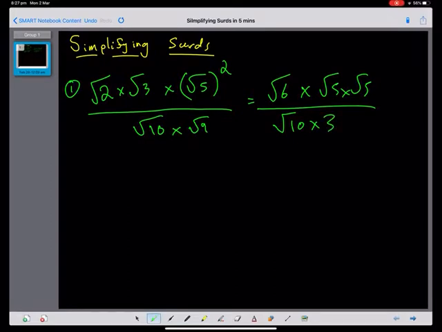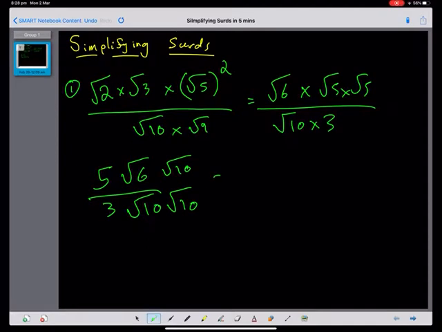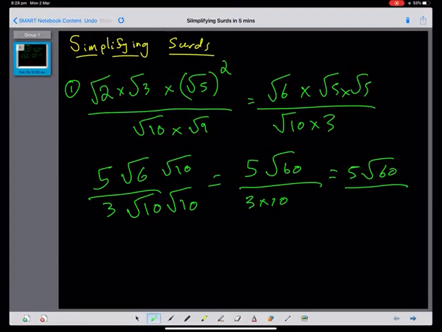Well, I hope you can recognize that the root of the same number multiplied twice is just the number underneath. So this is root 5 times 3 root 10. And if you don't know how to rationalize, you can leave it like that. But if we multiply top and bottom by root 10, we get 5 root 60 all over 3 times 10. 5 root 60 all over 30.